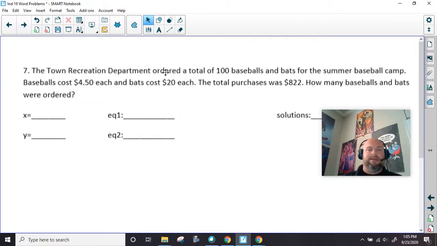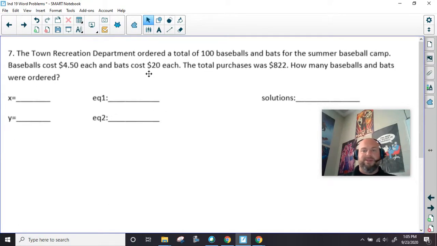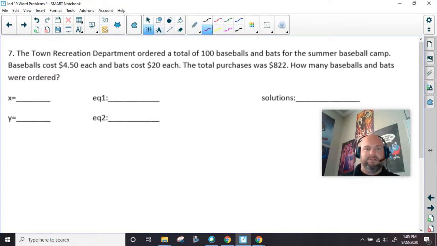All right. I love this one because we've actually had this one on the test. We've had it in notes and the test, and people are like, I don't get it. So, the Town Recreation Department has a total of this many baseballs and bats. Now, it's not 100 baseballs and bats, but it's 100 total. That can be misleading.